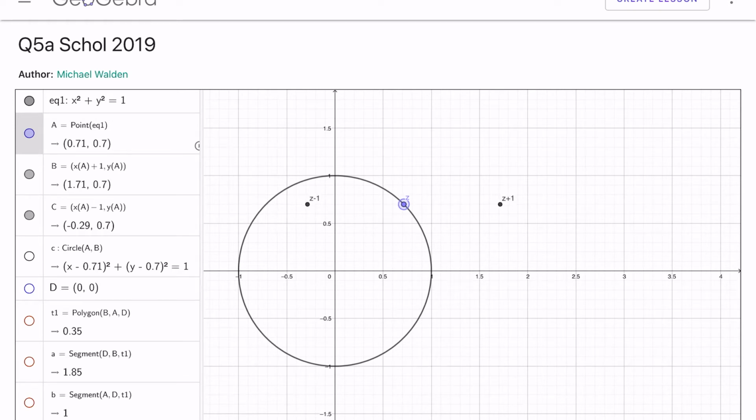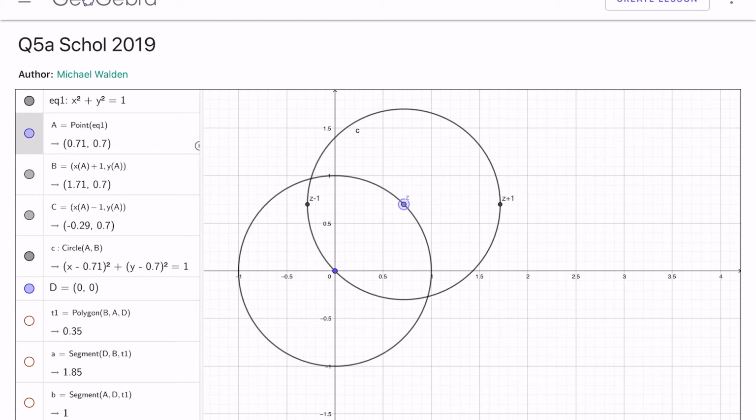Now, what we've done there, because z is 1 away from the origin, it has a modulus of 1 to start with, we've actually got another circle here. z plus 1 and z minus 1 are 1 away from z, and z is 1 away from the origin. So those 3 points there are on a circle that goes through the origin, and it has a radius of 1.